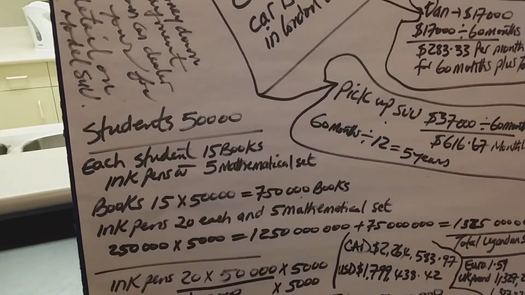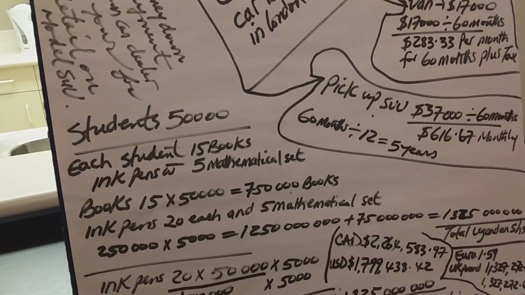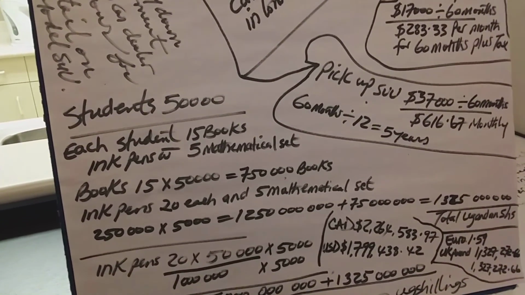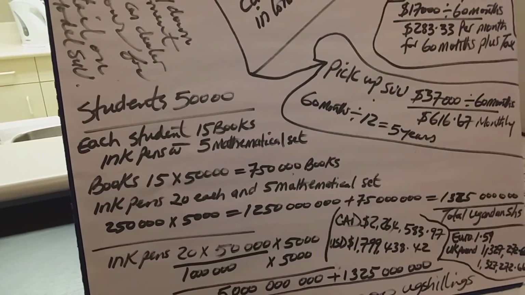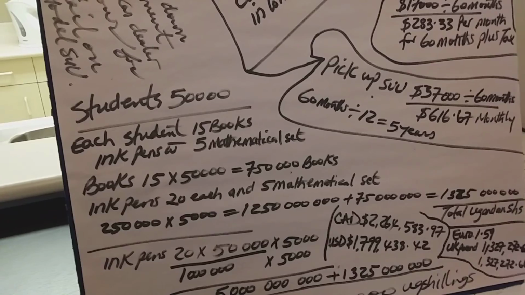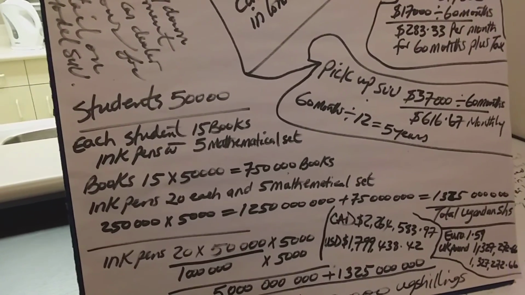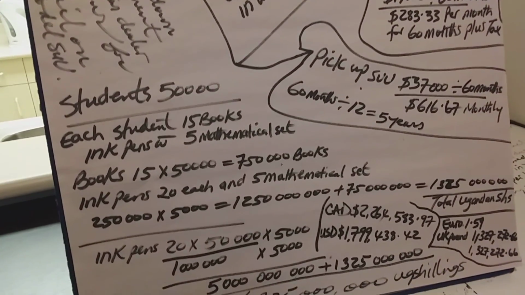Then 15 books times 50,000 is roughly 750,000 books. So let's see, ink pens 20 each, and 5 mathematical sets.